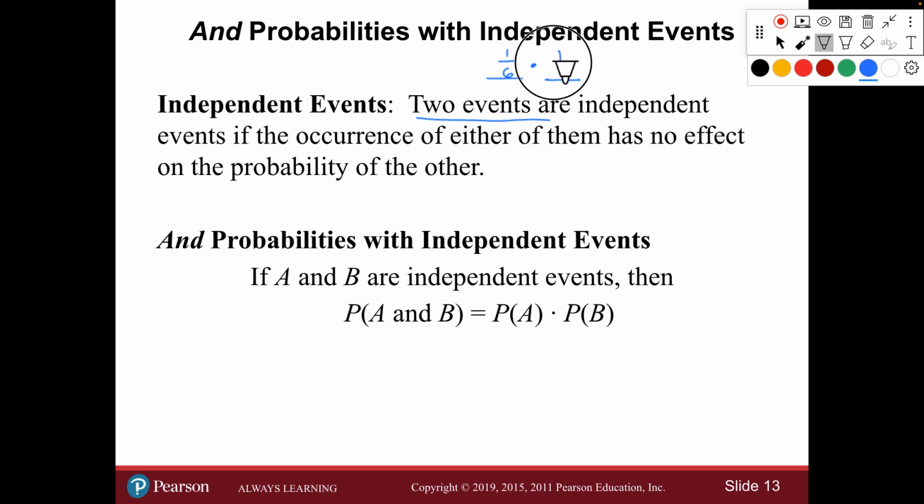It's still a 1/6 probability to roll a 1. The probability of rolling a 1 twice, we would say, is 1 out of 36. And as long as they're independent, that's all we've got to do.